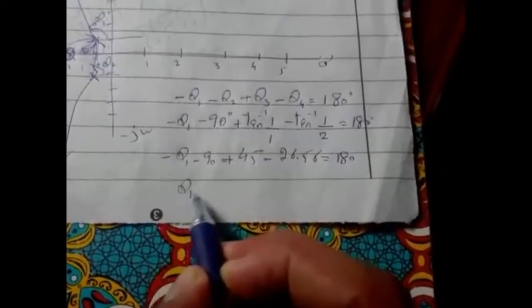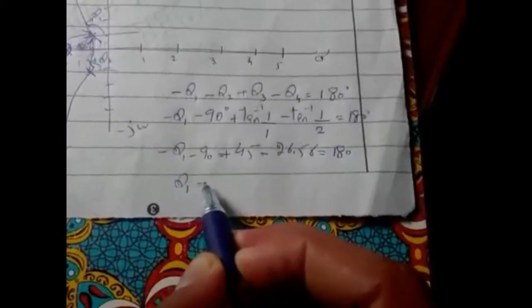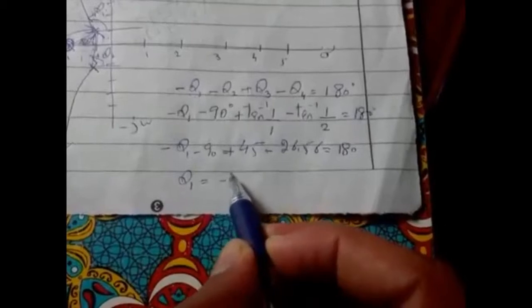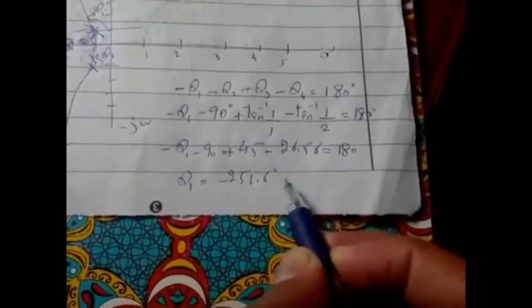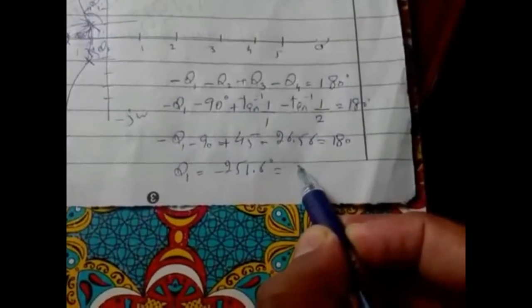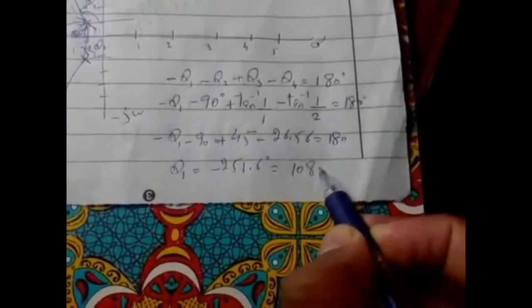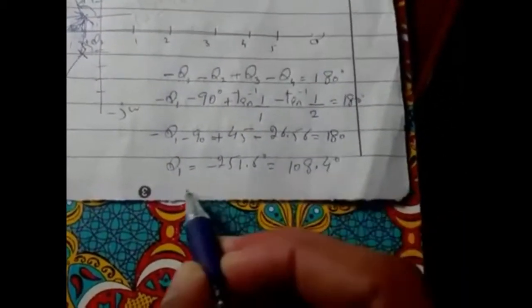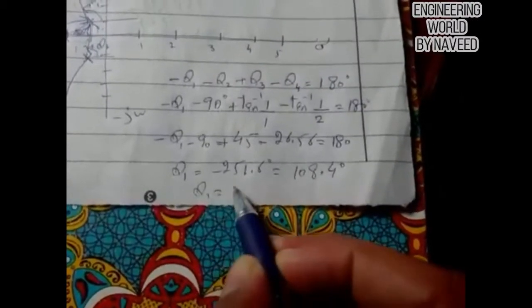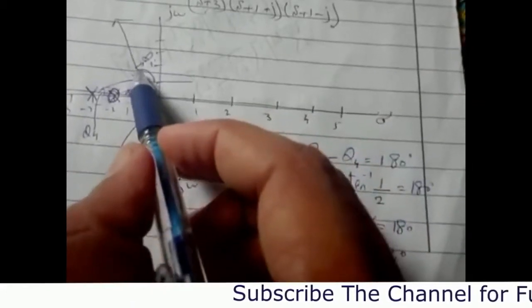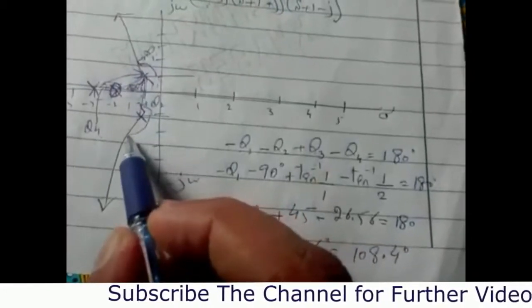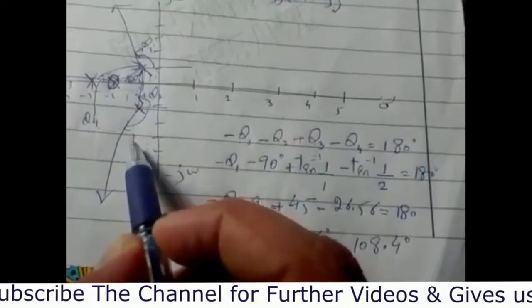Theta 1 will be equal to minus 251.6, which is equal to 108.4 degree. So plus 108.4 degree is your angle of departure, and minus 108.4 is your angle of arrival.